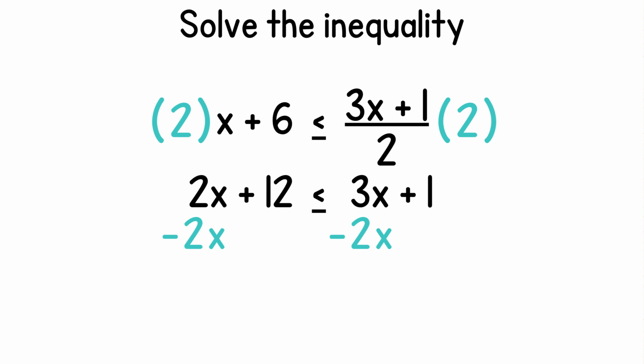Now we'll subtract 2x from each side so that we can get the x variables on one side. This gives us 12 is less than or equal to x + 1. So now our last step is to subtract 1 from both sides so that x will be by itself. So we get 11 is less than or equal to x. So any values greater than or equal to 11 will satisfy this inequality.